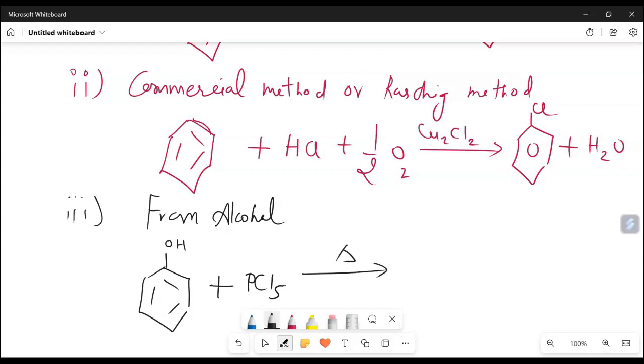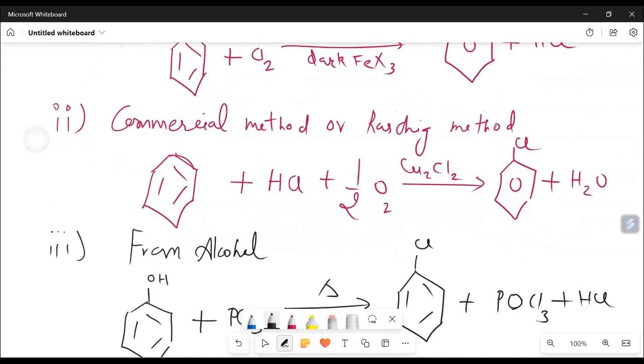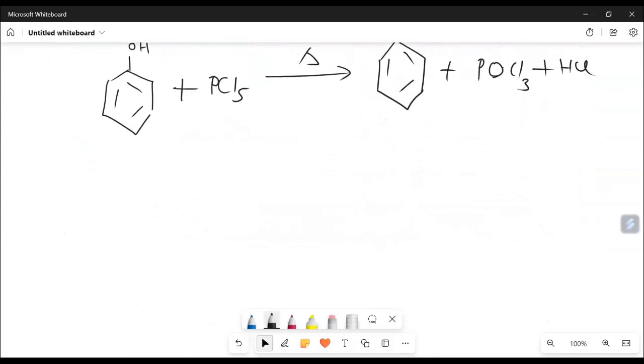The OH will be removed and it will form chlorobenzene, plus POCl3 and HCl removed. So this is the third method of preparation of chlorobenzene. The first one is from benzene itself, second the Raschig method, third is from phenol.